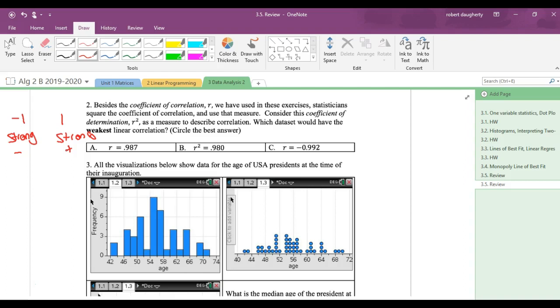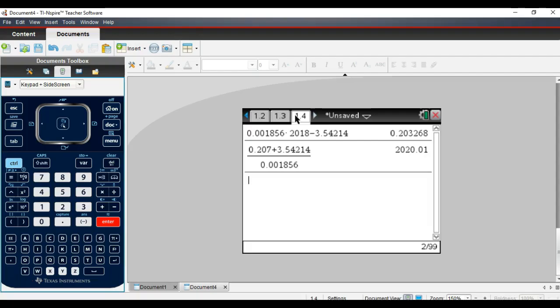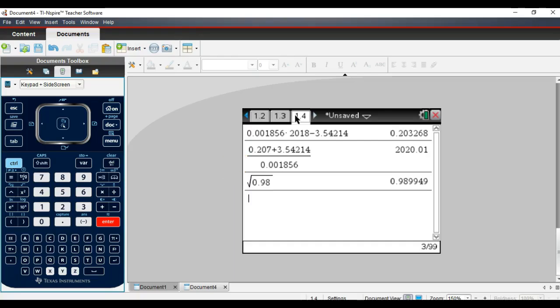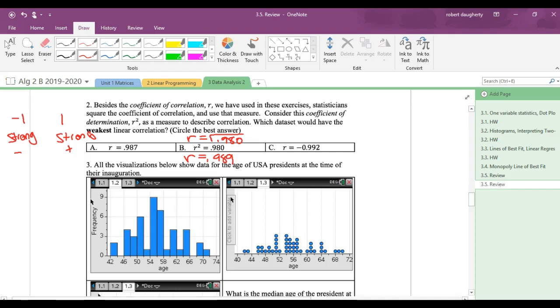Okay, so this is 0.987. If R squared is equal to 0.980, then R is equal to the square root of 0.980. So you've got your calculator. What is the square root of 0.980? That's 0.989949. So R equals 0.989949.